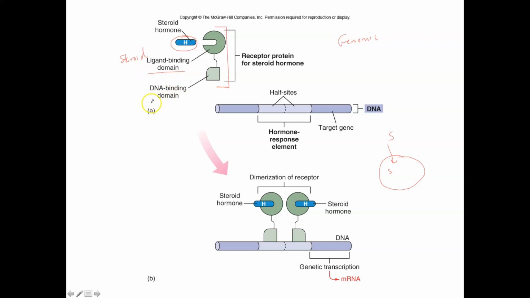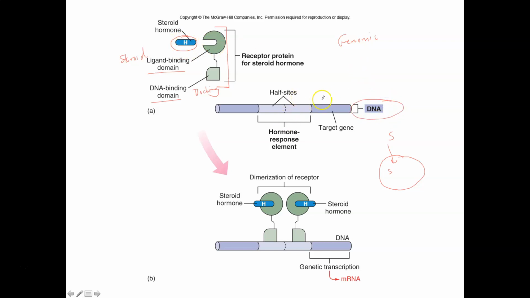And then there's the DNA binding domain, which is the portion that's going to interact with the DNA. Think of it as like a docking structure, like a landing gear. So we have the ligand binding portion, and then we have the DNA binding portion. Once the hormone interacts with the receptor, it's capable of then interacting with the DNA.